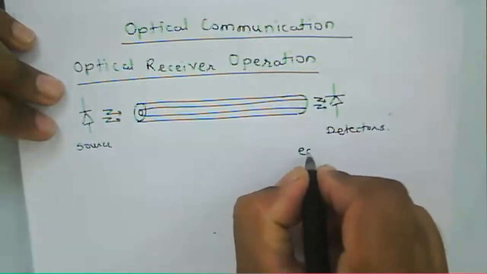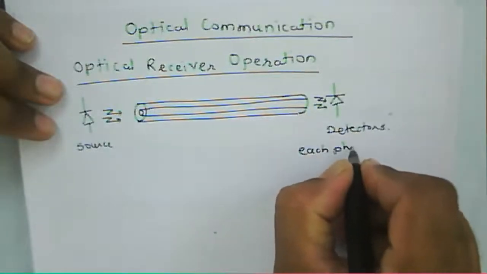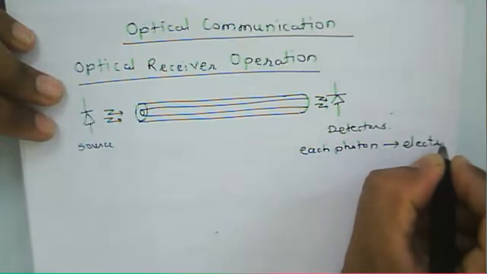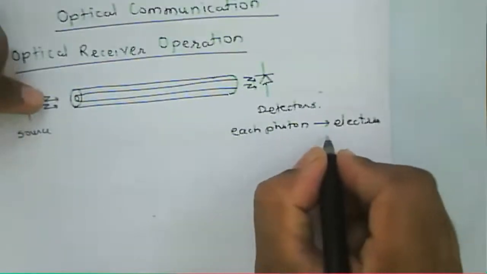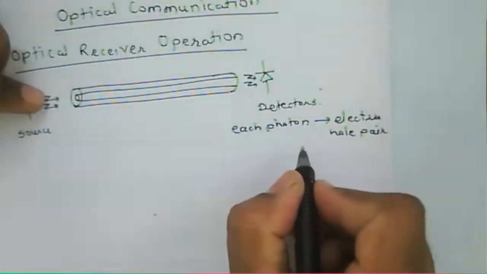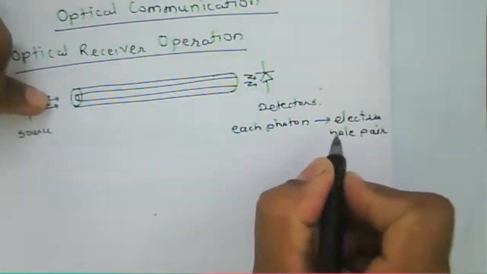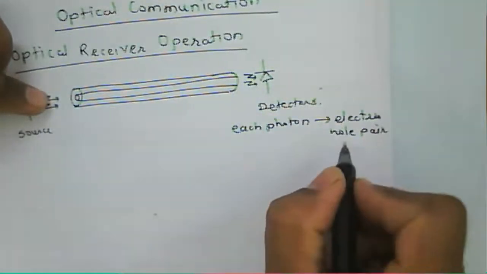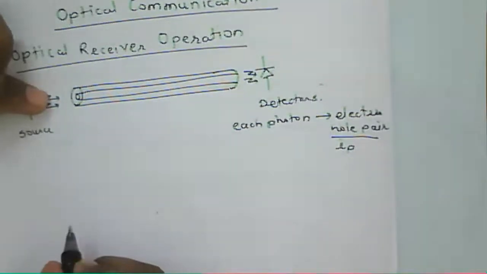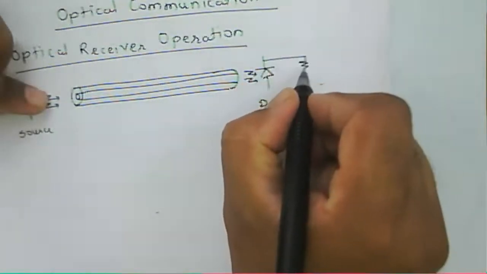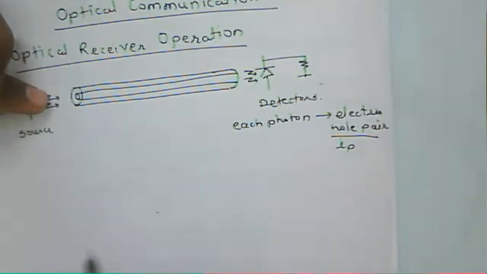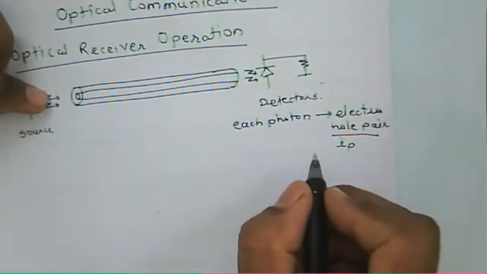So each photon will generate an electron hole pair. If it is a PIN diode, each photon will generate one electron hole pair. Because of that generation, a current is produced, and we call that current the photodiode current or photodetector current.